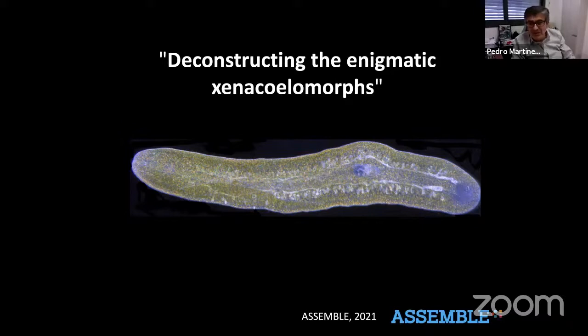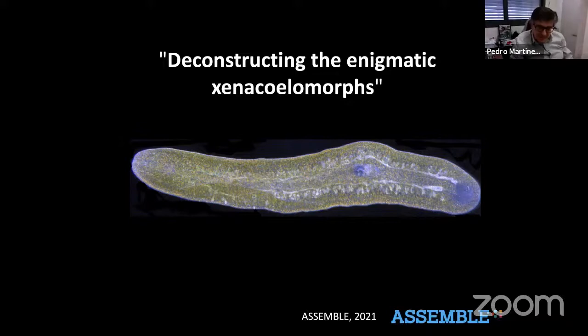Or let's say we are working within the discipline of Evo-Devo, and our main focus is on trying to understand the origin and diversification of bilaterian animals, okay? Our models are a group of animals which have this strange name of Oisilomorphs, okay?